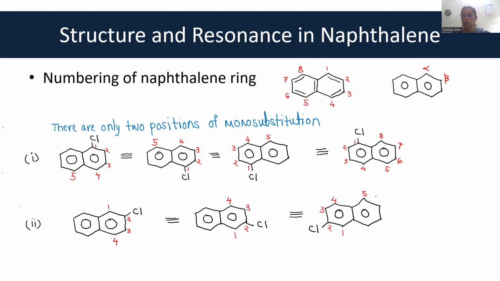Then you go to 5, 6, 7, and 8. So, there are only 2 positions of monosubstitution. You can have either 1-chloro-naphthalene or 2-chloro-naphthalene. Okay, although you may be able to write 4 structures like this for 1-chloro-naphthalene, it is the same 1-chloro-naphthalene.